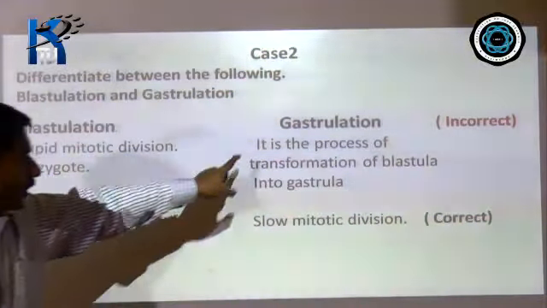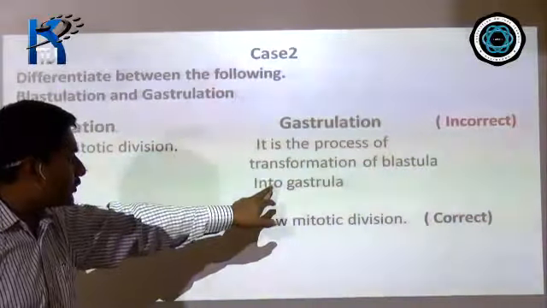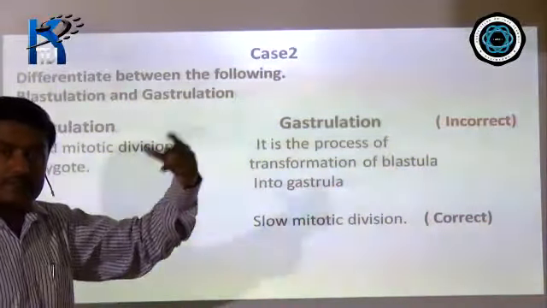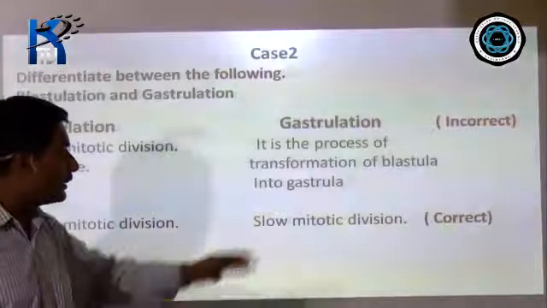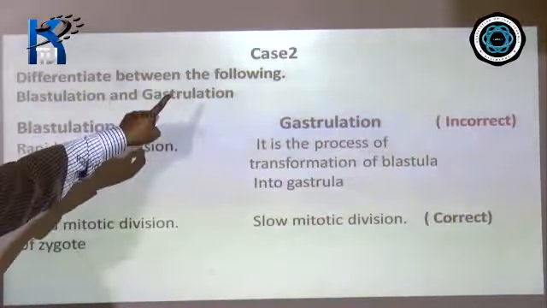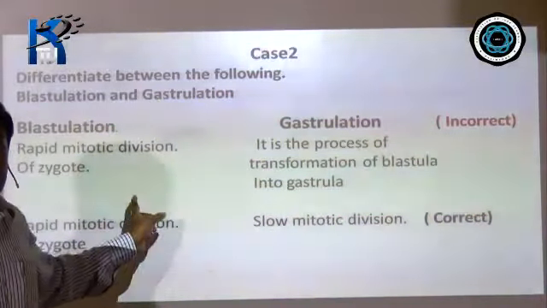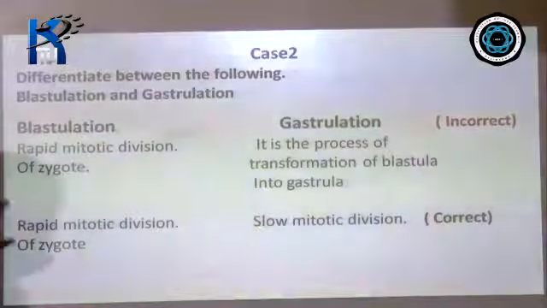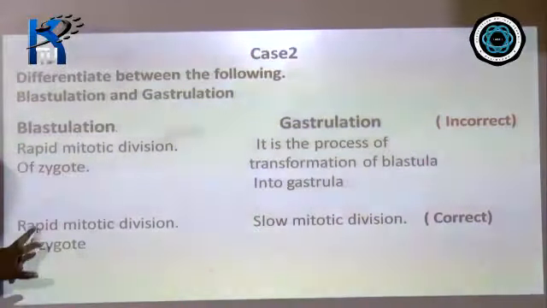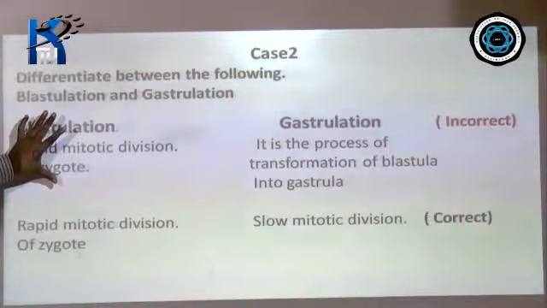Gastrulation, according to this, is also right: it is the process of transformation of blastula into gastrula, the 3 germ layers. This is also right. But when the question says differentiate between, what is happening here? There are no compatible points. Here, rapid mitotic division of zygote is right.